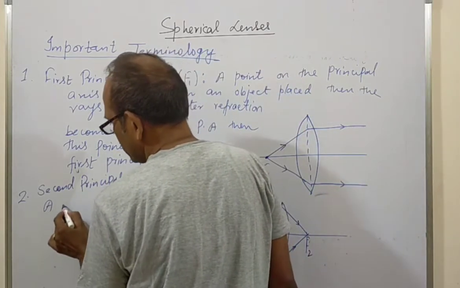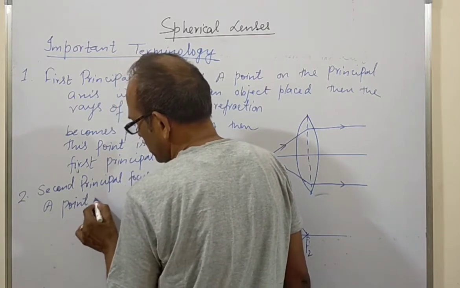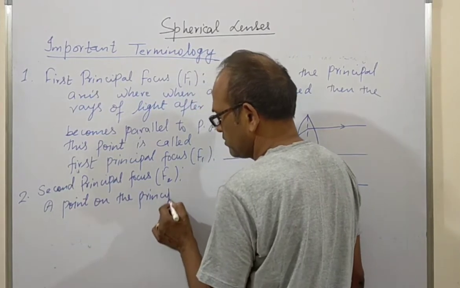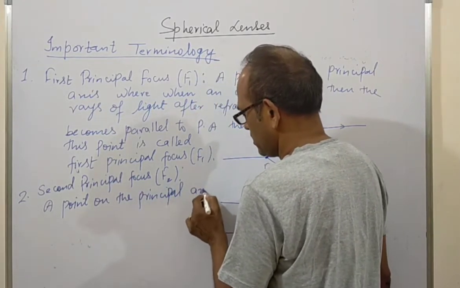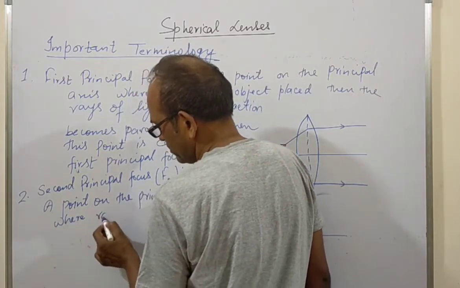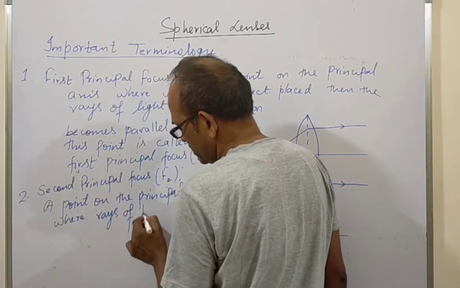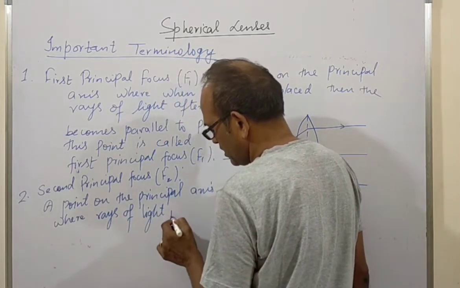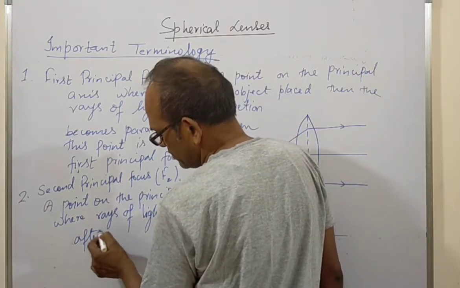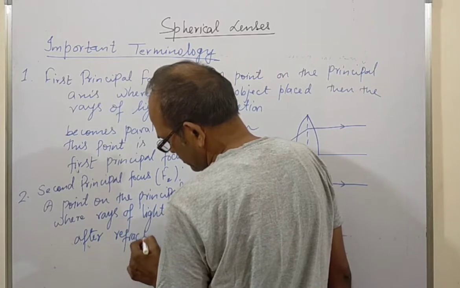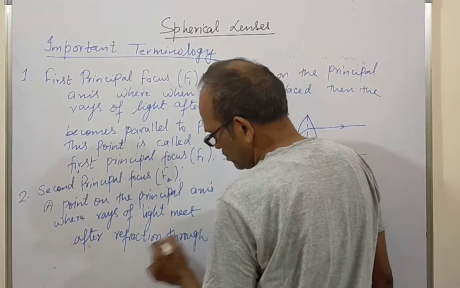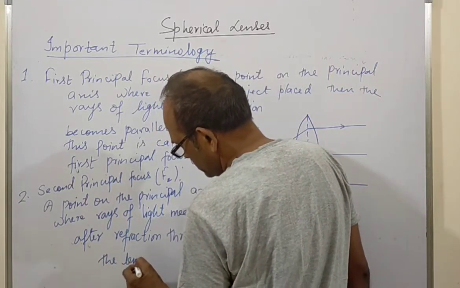so F2, a point on the principal axis where rays of light meet after refraction through the lens.